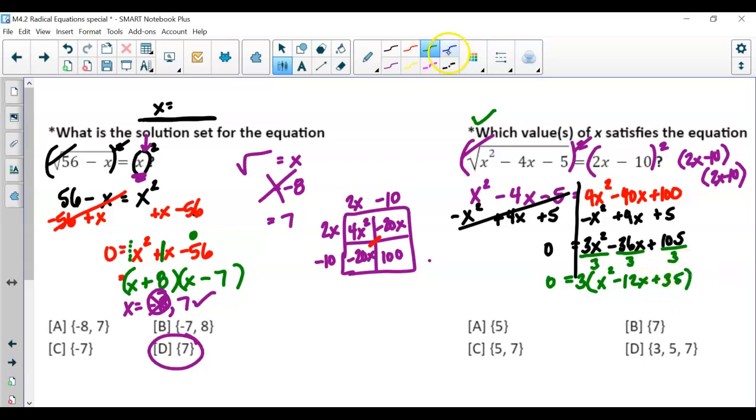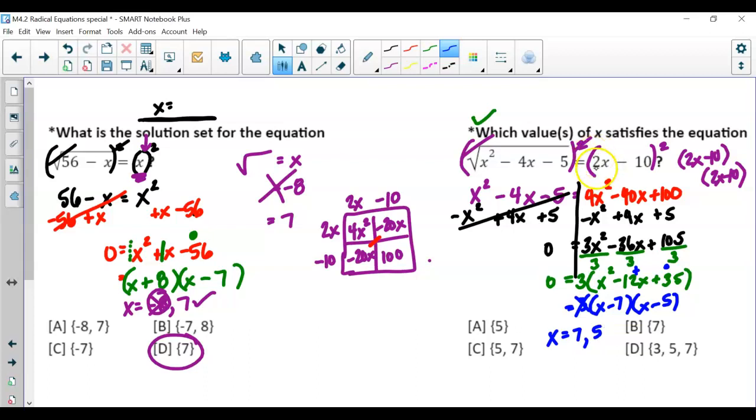Now we can start solving here by factoring. So what numbers multiply to get 35 and add to get negative 12? Both negatives, because that's how you multiply to get that positive. Negative 7 and negative 5, which means x is equal to, not 3, because the GCF cancels out, goes away. X is just equal to 7 and 5, but check for extraneous.